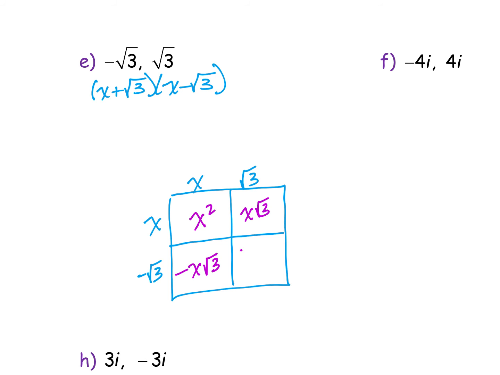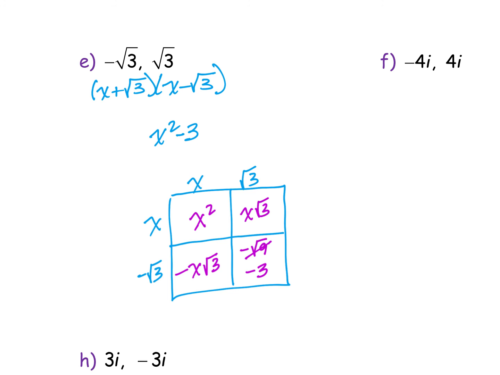And then I've got negative square root of 9, which equals negative 3. So the x square root of 3 and negative x square root of 3 cancel each other out. What I get left with is x squared minus 3. And that's my equation. That's it. Does that make sense a little bit?